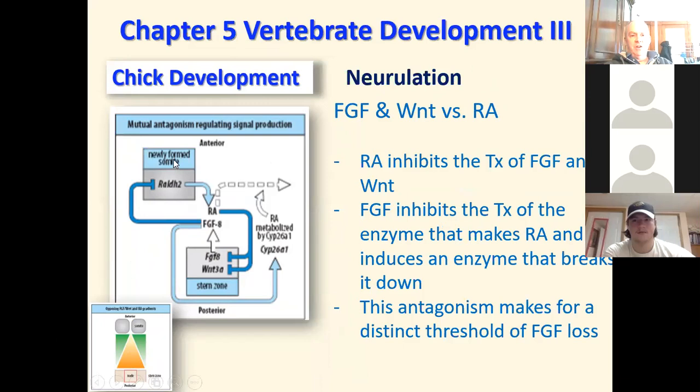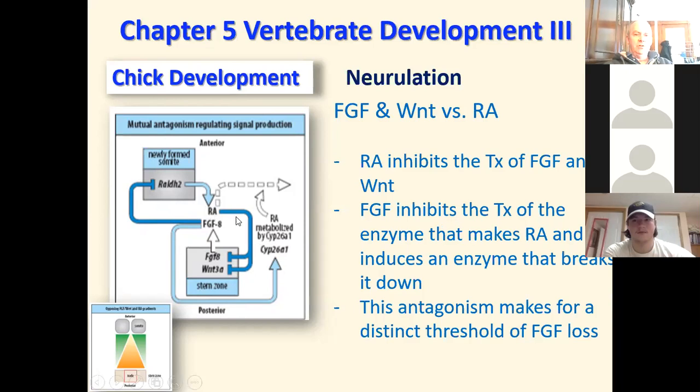Also, you've got a gradient of retinoic acid coming from the somites in this direction. And FGF is going to inhibit the production of retinoic acid by inhibiting the production of the enzyme that makes it, and by upregulating the enzyme that breaks it down. So FGF is inhibiting retinoic acid.